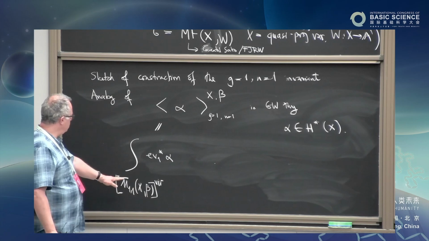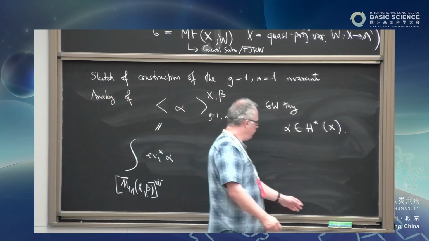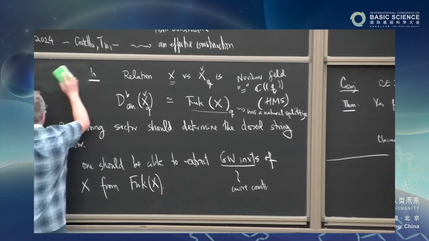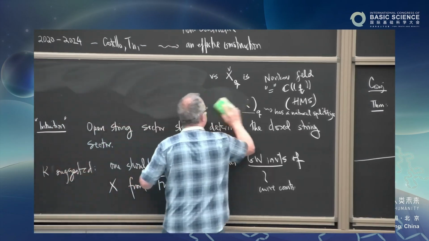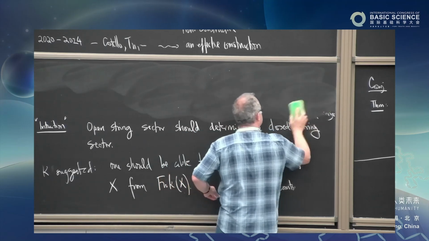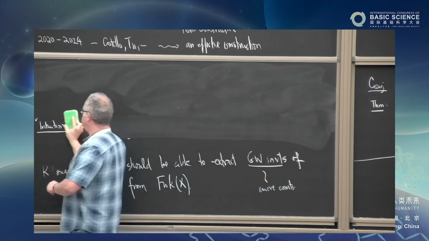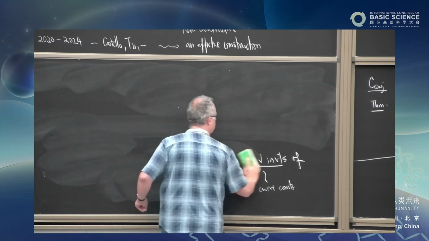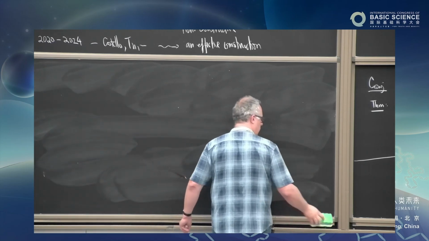So what is this notation from Gromov-Witten theory? I'm going to very quickly start ignoring the beta, but imagine that it's there all along. This beta is where it's related to the Novikov field story.